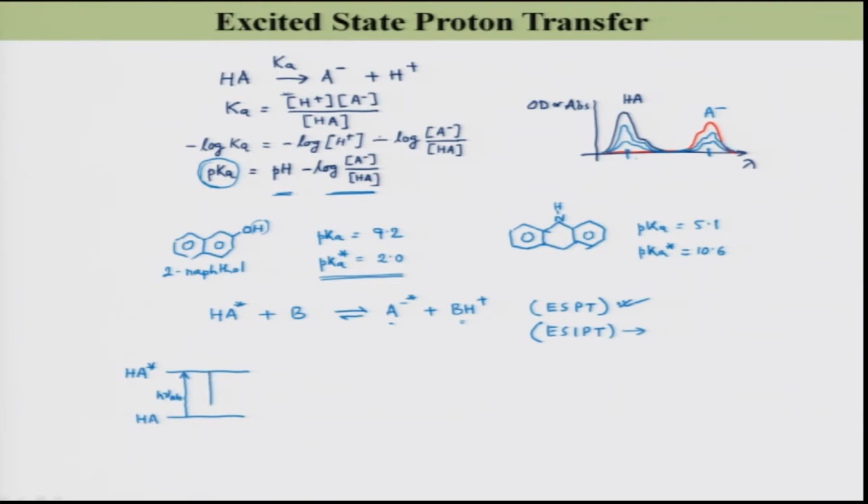If this proton can be donated to something else, fine, otherwise it will come back to the ground state and give you the HA emission. Only in the presence of an acceptor of the proton will it donate. If you just take HA in the gaseous state alone and excite it, it will not be able to donate the proton to anybody. Something has to be there to accept it.